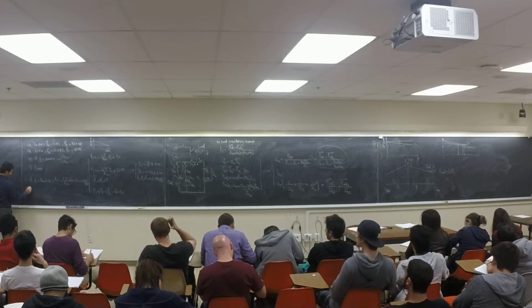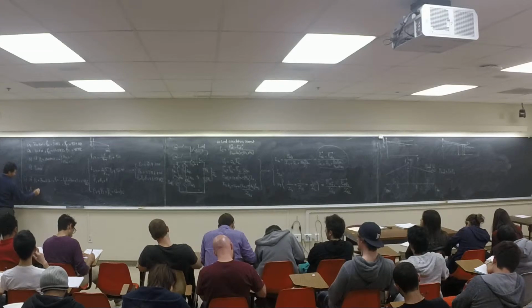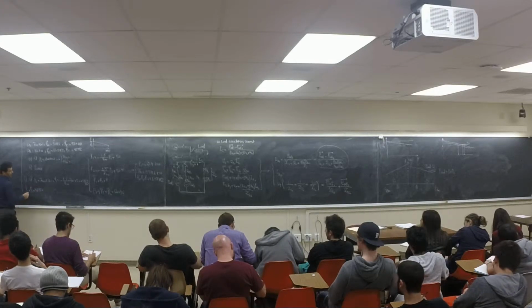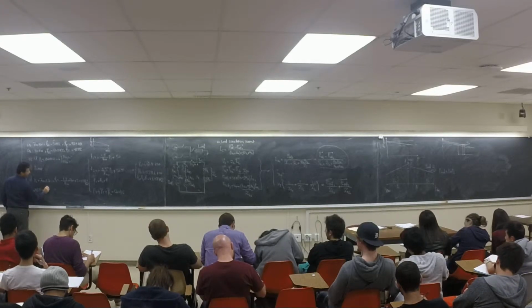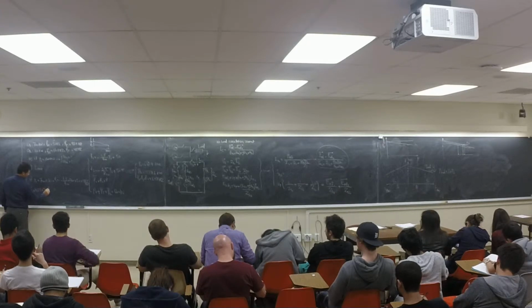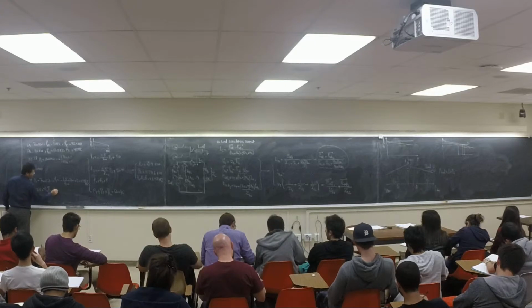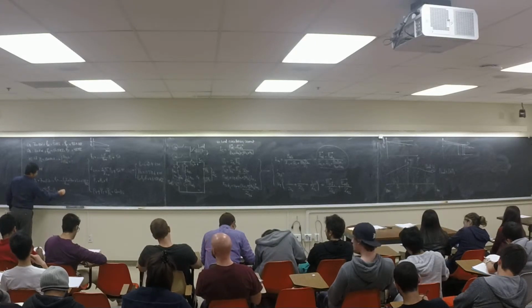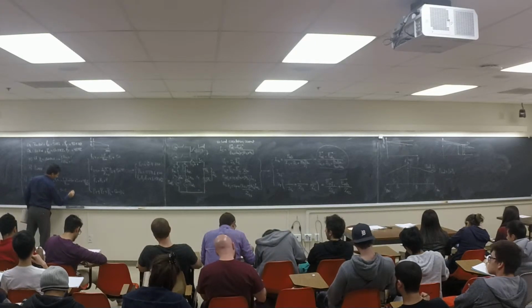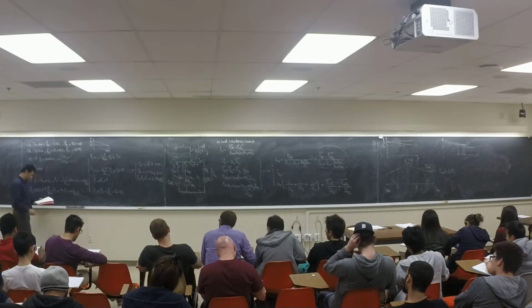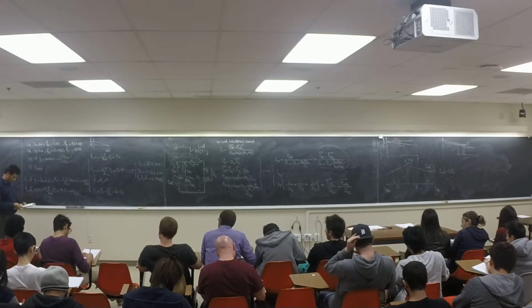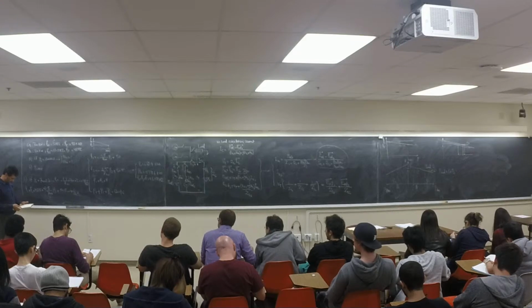F2 is equal to F1, so 48.5 hertz is equal to minus 2.5 over 700 P2 plus 50.5. If we calculate this one, P2 is going to be 560.